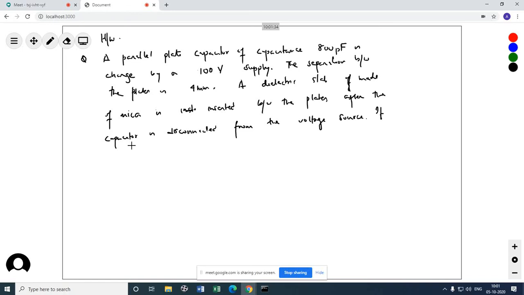If the thickness of the slab is 2 millimeter, determine number 1, charge on each plate.